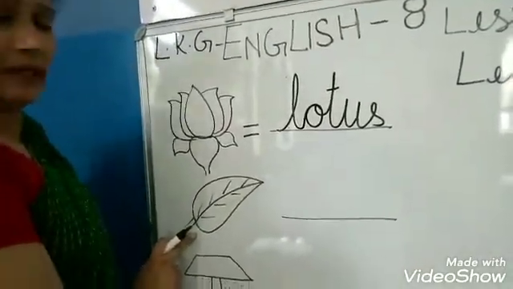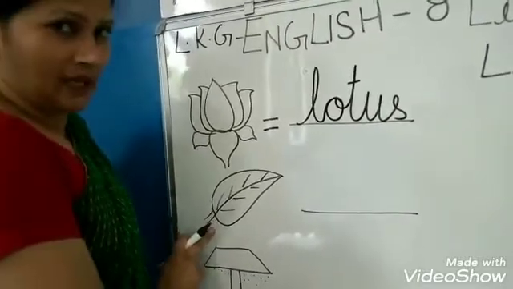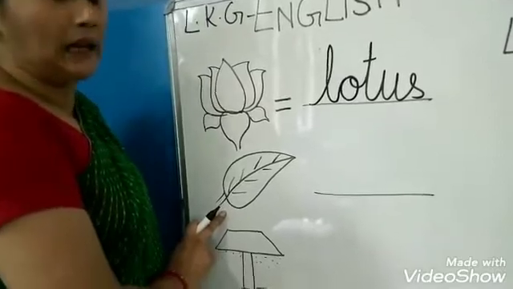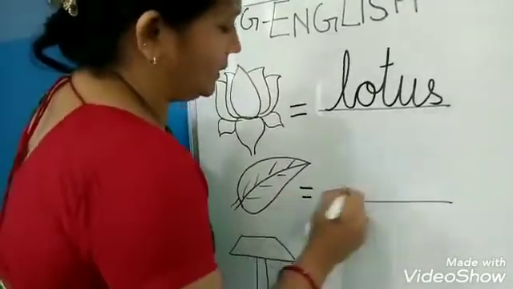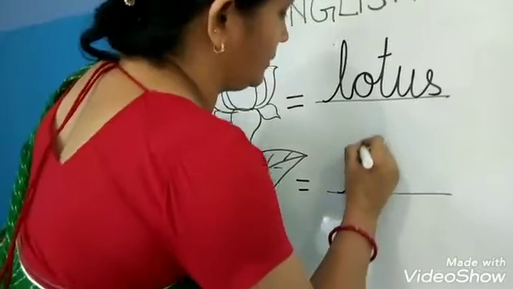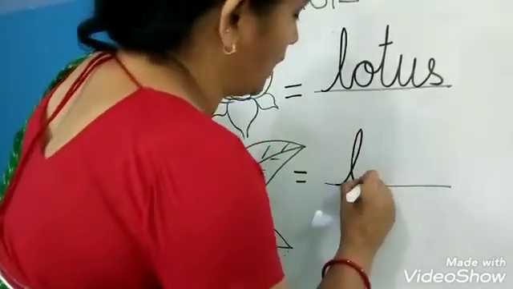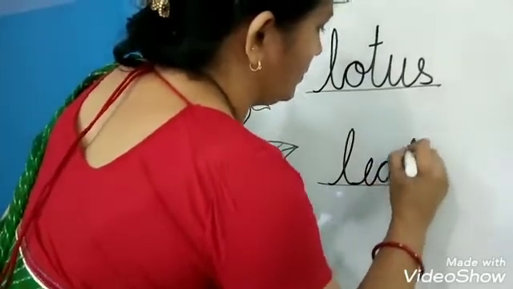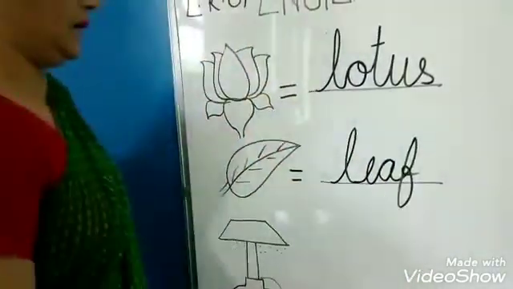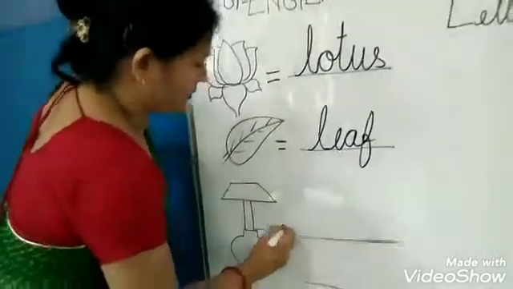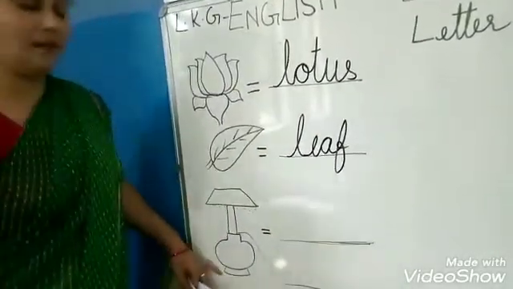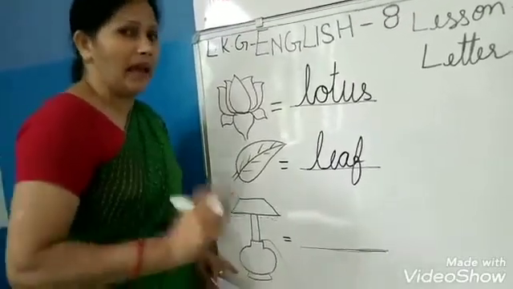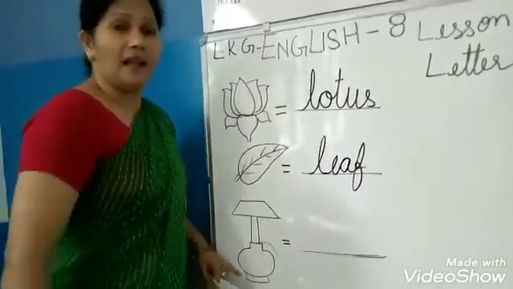Which is the picture children? This picture is leaf. Okay, this picture is leaf. So write here in small letter. Leaf. Which is the picture children? This picture is lamp.